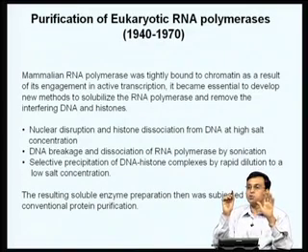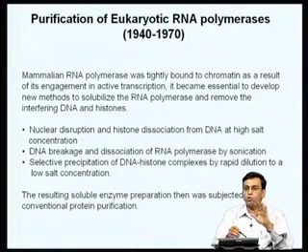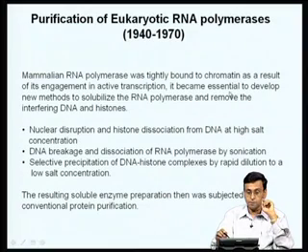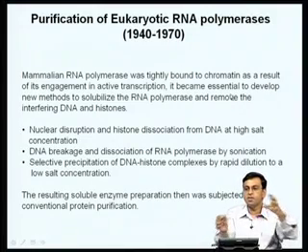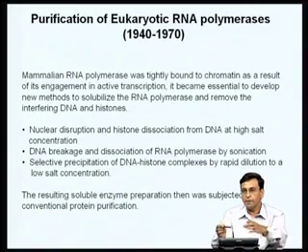It is always nice to remember some historical aspects, and let us see what kind of effort actually went into understanding the various eukaryotic RNA polymerases, and biochemistry played a very, very important role in understanding their function. The first step, if you want to understand the function of an enzyme, is to purify it, because with a mixture of proteins, you cannot really study and understand the function of a particular enzyme.